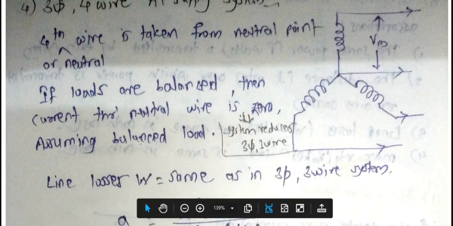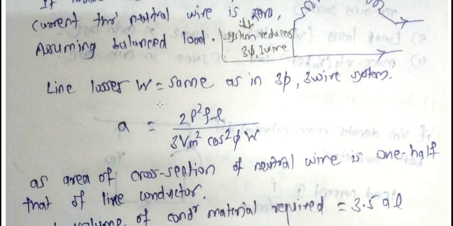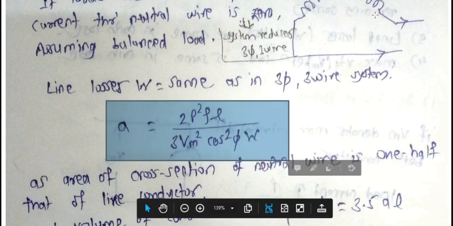Now assuming the balanced load for simplification, line losses W is the same as in the 3-phase 3-wire system, so it becomes 3 times I squared R. A is also the same, as the current flowing through the neutral is 0, so it becomes like the 3-phase 3-wire system.